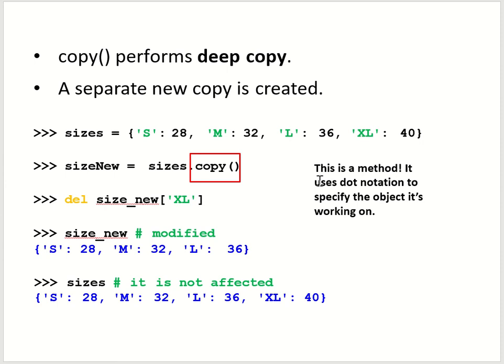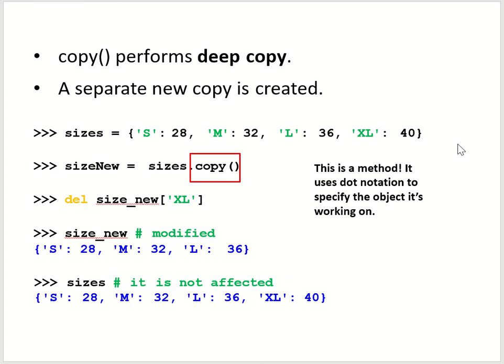Now, if you want to create a deep copy, a brand new object that still has the same key-item pairs, you can't do it in the same way as a list, where you might follow the name of sizes with a bracket, colon, close bracket, because the same kind of indexing and slicing is not on offer for dictionaries.